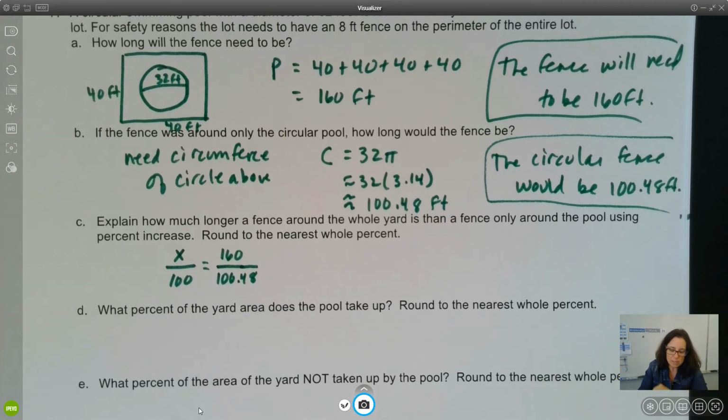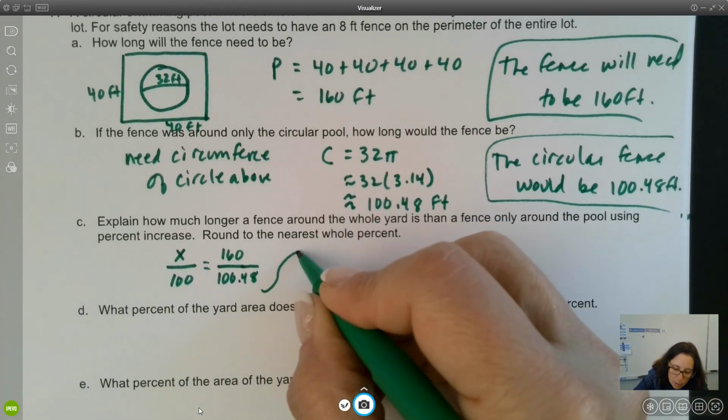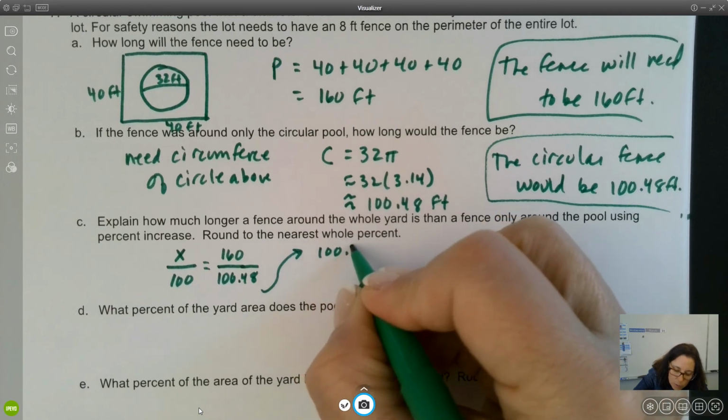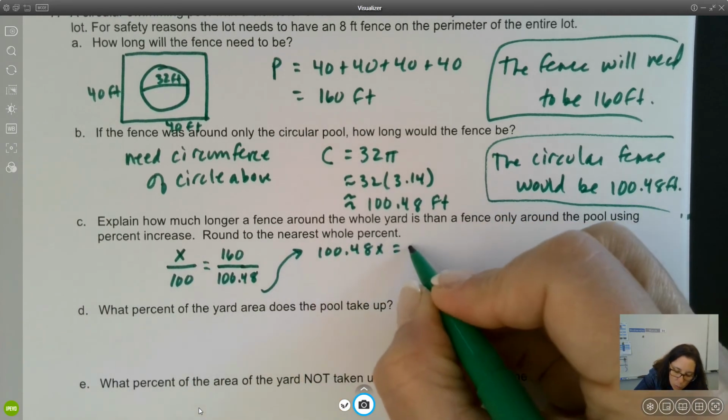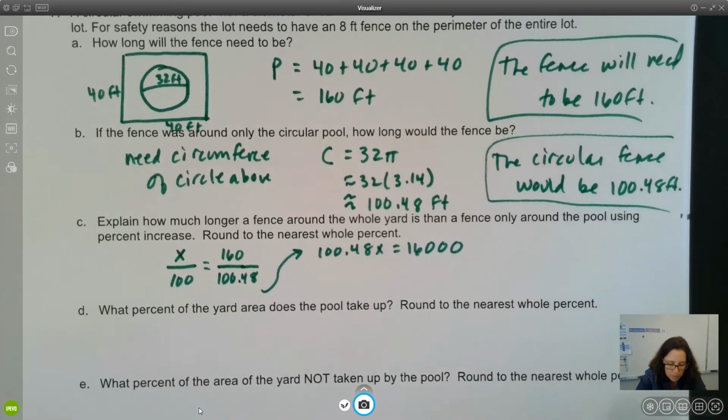When I cross multiply and solve this, I'd have 100.48x equal 16000.